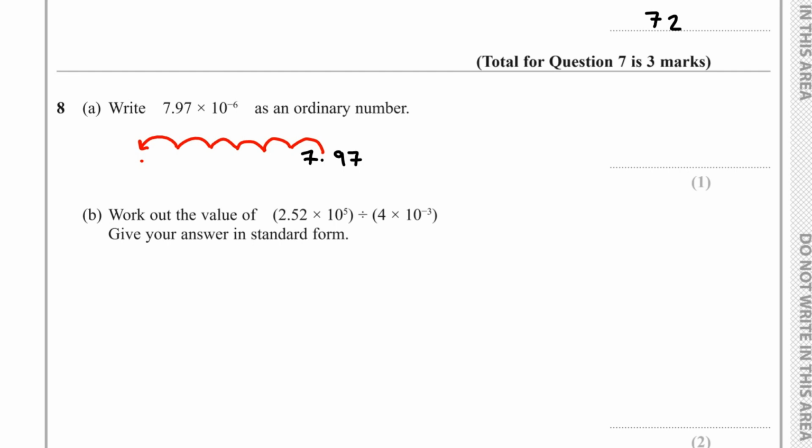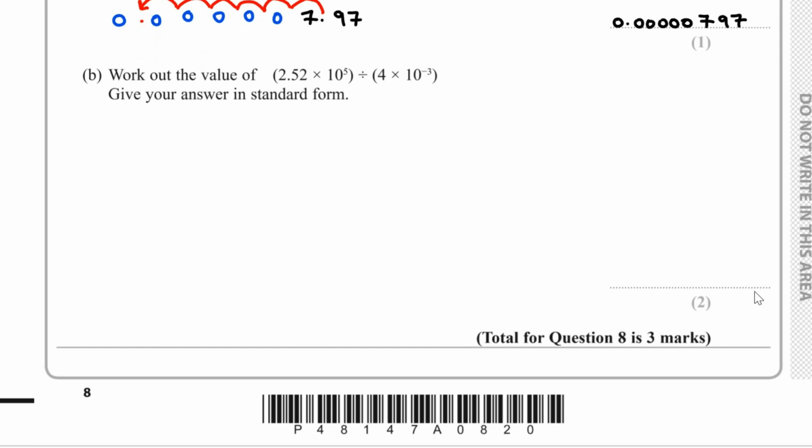So the decimal point goes here. And for the rest we add in the 0 placeholders. So as an ordinary number, we've got 0.000000797.